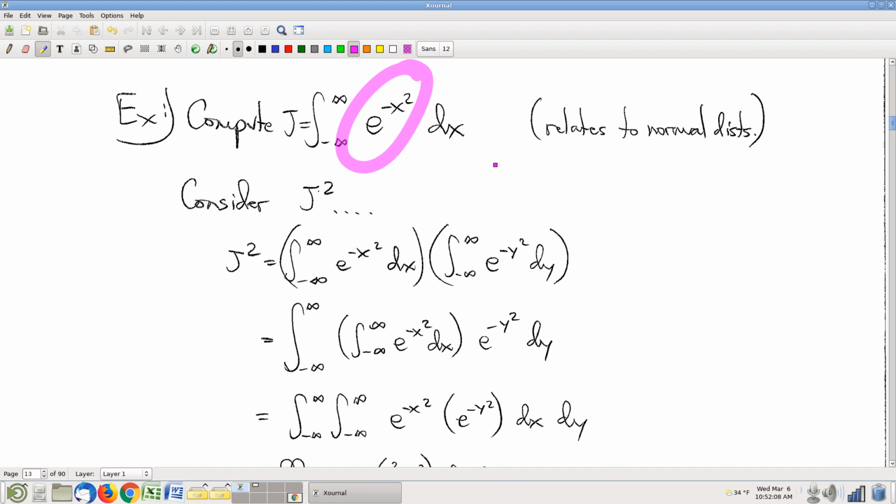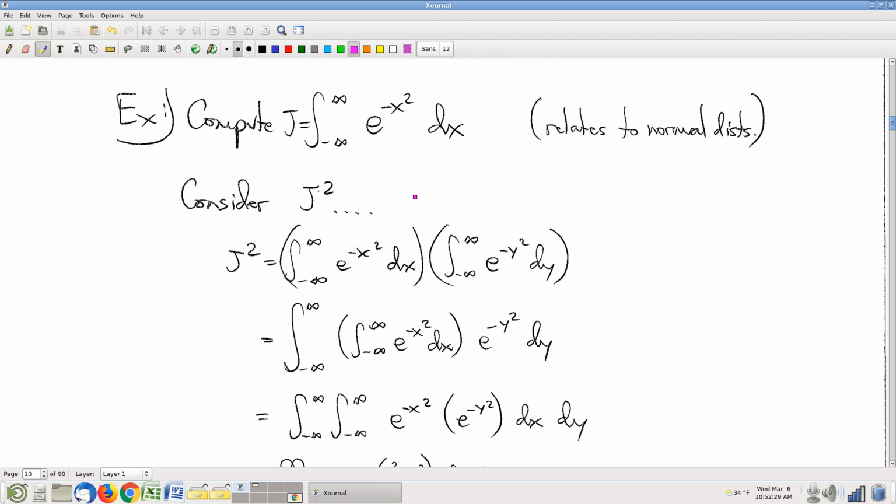If you can't find an antiderivative, doesn't that mean we can't integrate this? So this extremely important integral, we are blocked from computing it by our standard means of using the fundamental theorem. So we have a very significant problem here.